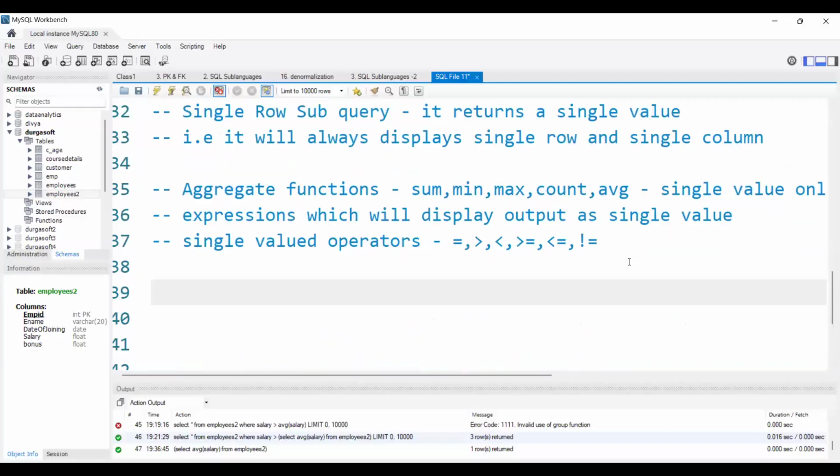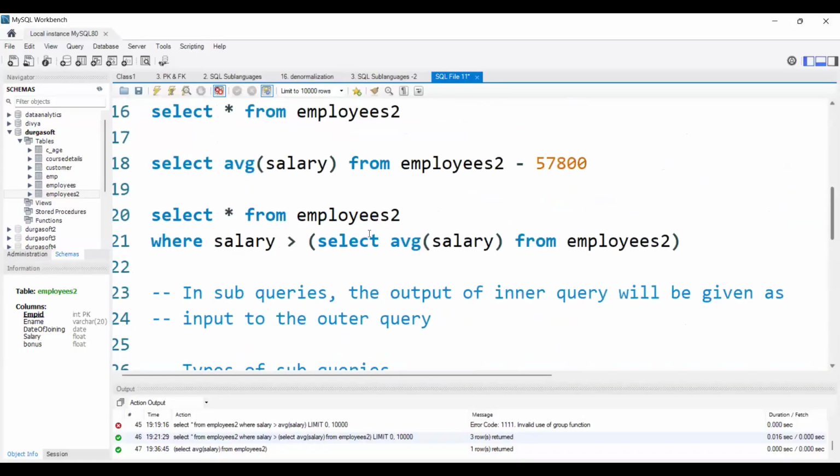For now, just understand, whenever we use aggregate functions and whenever you can see any operators in the complete query, in the complete query, whenever we are comparing or using these operators, we will consider this subquery a single valued subquery.